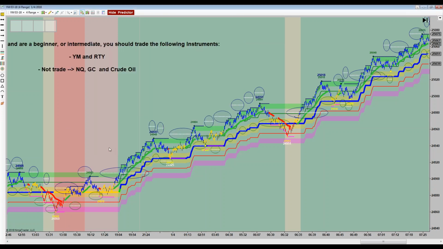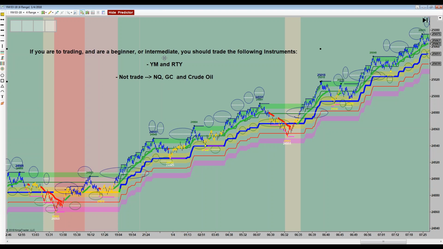Extend your pinky into the air. Okay, I've got my pinky out, and we're going to shake. That's a solemn oath, a promise between us as traders, that in the beginning or any intermediate stages of your trading, you will only look at these two charts. And furthermore, all trade calls in the room regarding NASDAQ, gold, and oil, you will ignore.